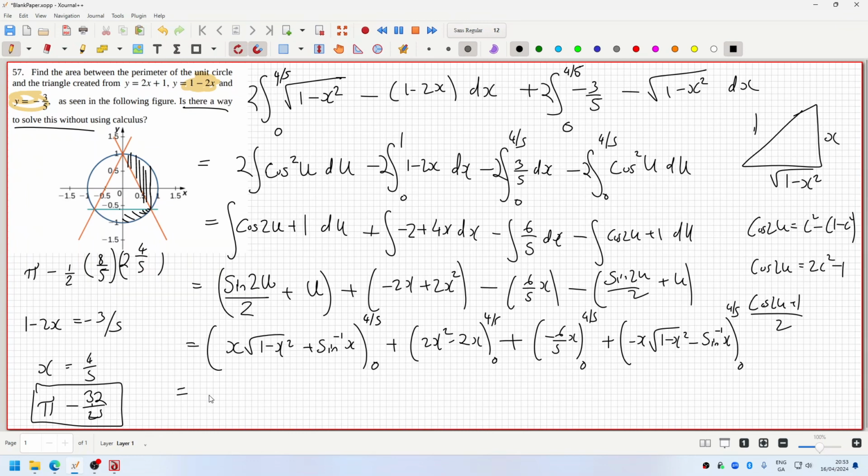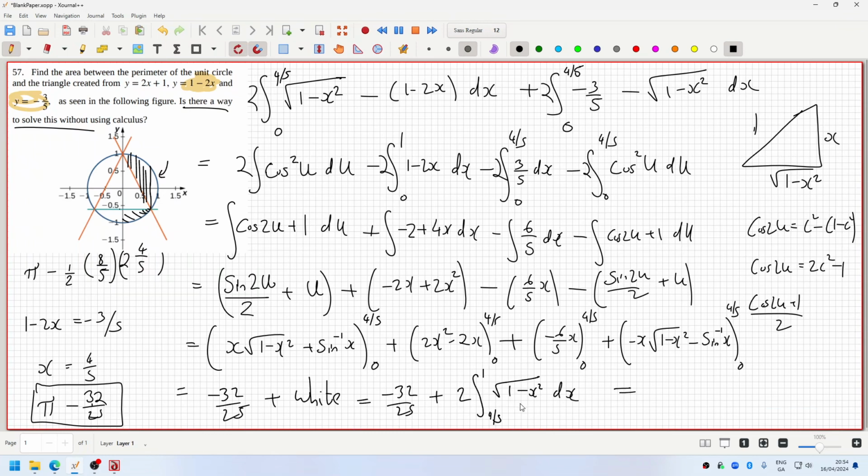Okay, that is good. That is minus 32 over 25. But now I have to add in that white piece here that I missed. So that will equal minus 32 over 25 plus twice, and we'll just calculate the upper one, which will be the integral from 4/5 to 1 of root 1 minus x squared dx.